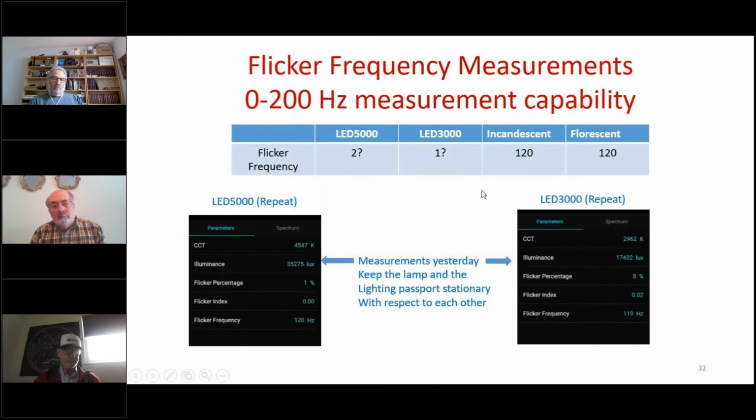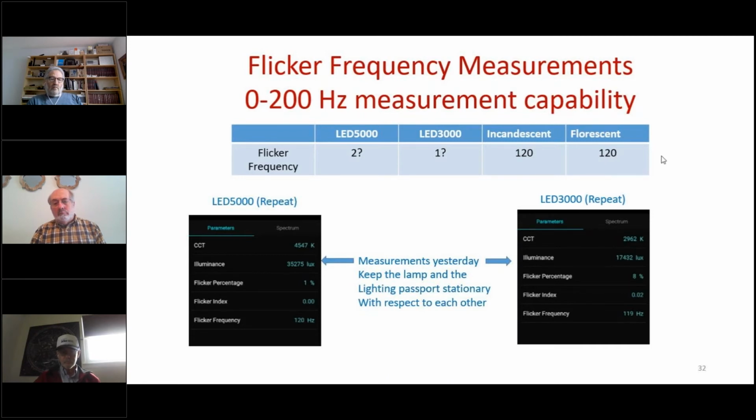For this reason, I redid these measurements yesterday. For the 3000 LED, I repeated and you can see I got 17,000 lux, flicker percentage 8%, flicker index 0.02, and flicker frequency 119, roughly 120. The 120 flicker is understandable because you have a 60 hertz frequency for your electrical line, and double that would be 120.